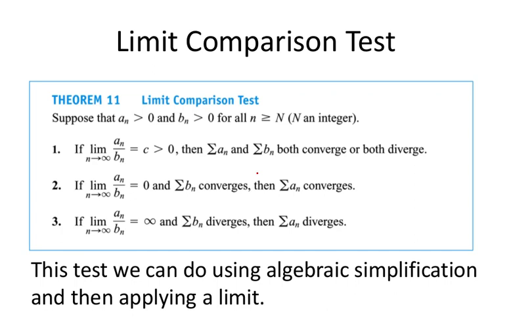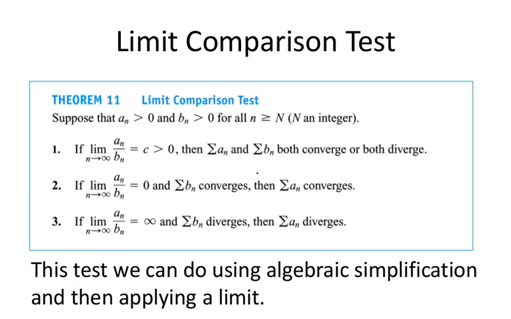And if you do this, you'd better know whether a of n or b of n, one of the two, converges or not. Because if you're doing this test and you don't know that, then it would be a slight bit pointless.